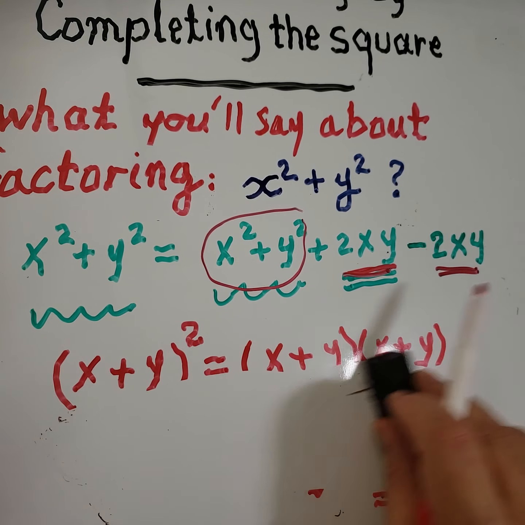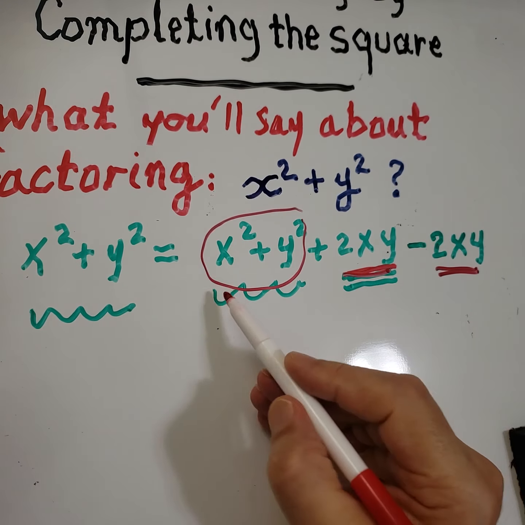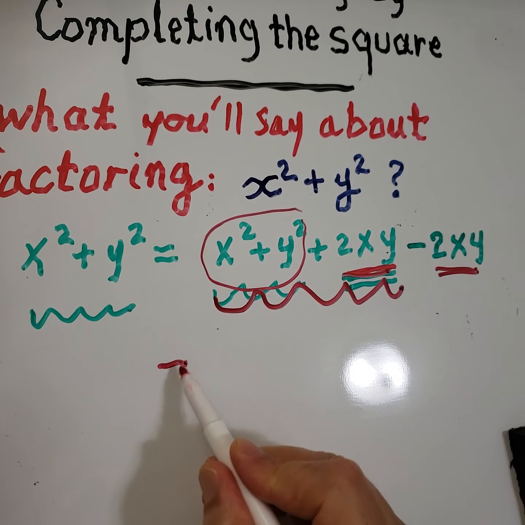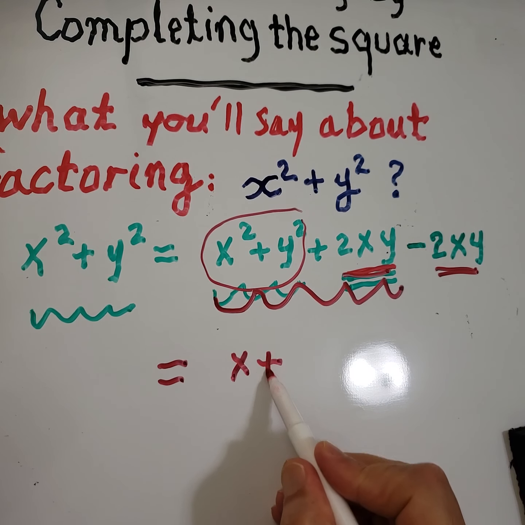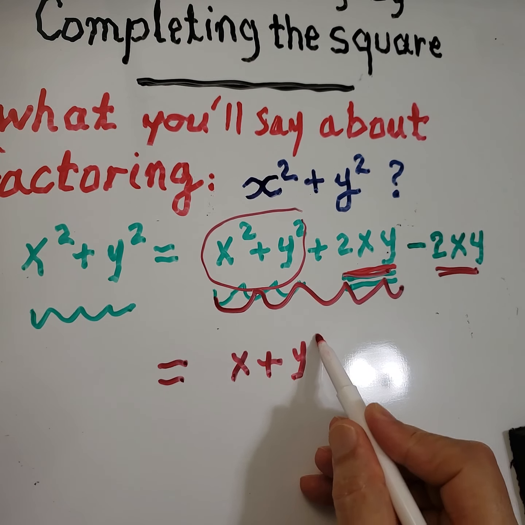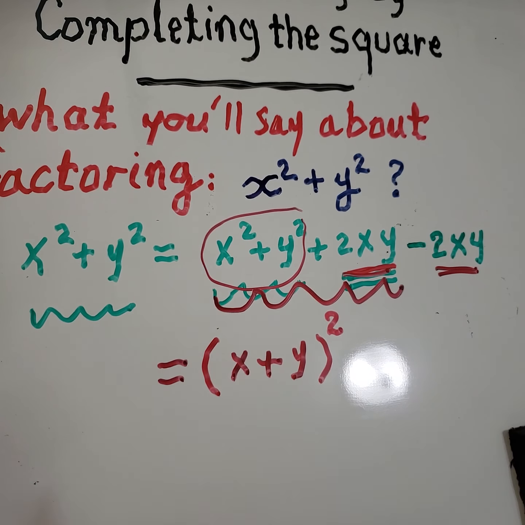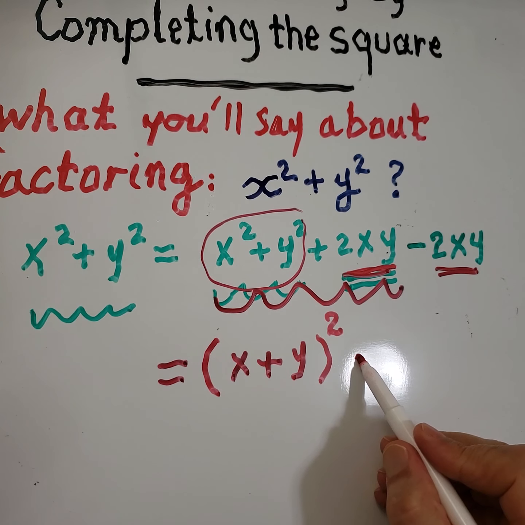Now then we can write those three terms as x plus y all squared. And we keep this out of the brackets.